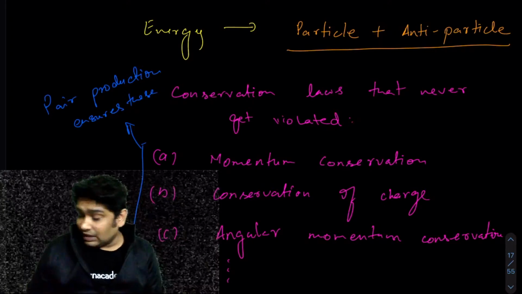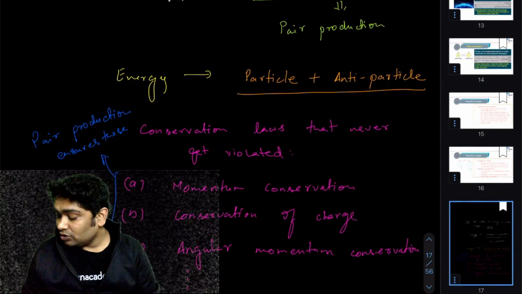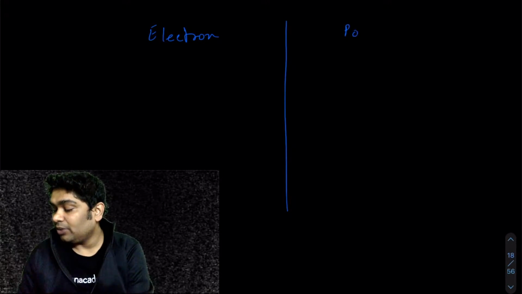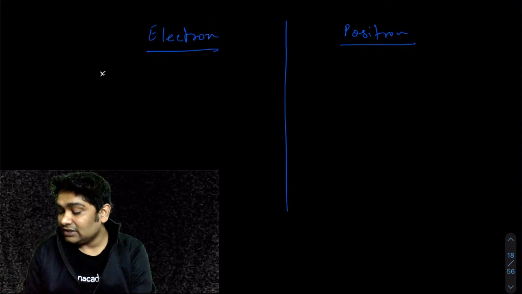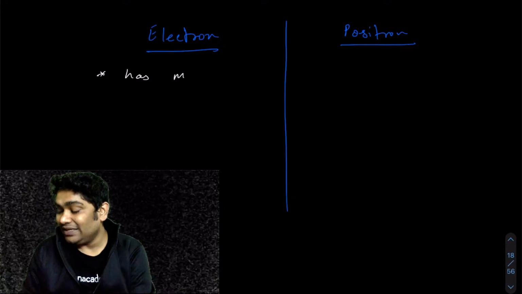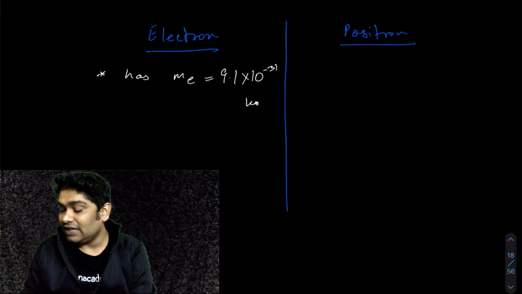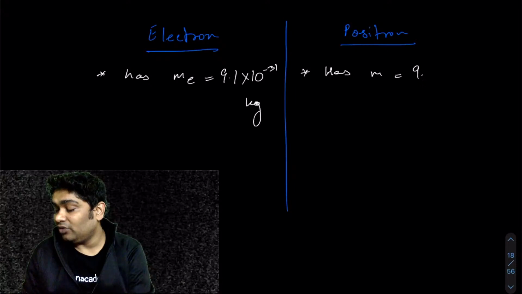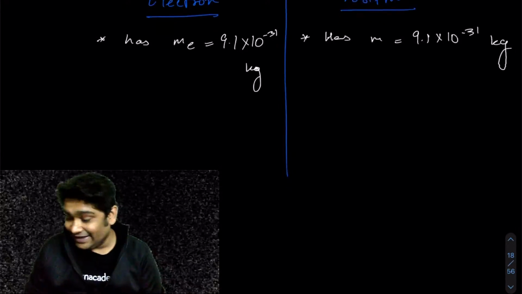Let me tell you what is happening. Let's compare an electron and a positron, which is the antiparticle of the electron. The electron has mass m_e equal to 9.1 × 10^-31 kg. The positron has identical mass, 9.1 × 10^-31 kg, exactly identical size.